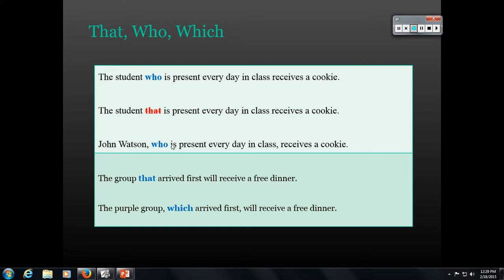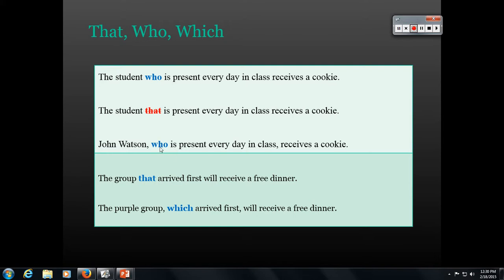So it can be an interrupter like John Watson, however, received a cookie. In this case, the interrupter is a relative clause or a subordinate clause. Remember, this is a dependent clause. Dependent and subordinate mean the same thing. This is a dependent clause that starts with a relative pronoun. That is the other type of dependent clause, and this is an example of that.